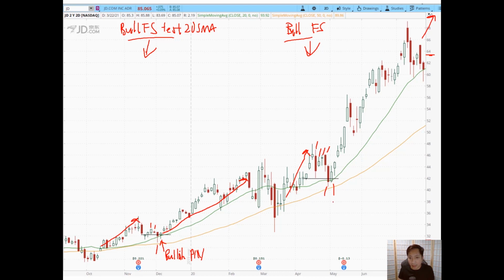The sixth bar looks like a bullish markup bar. I consider this a bullish markup bar because I still consider the bar body as about 2/3 of the bar range. So this will confirm the bullish FS test 20 SMA scenario in the uptrend retracement.